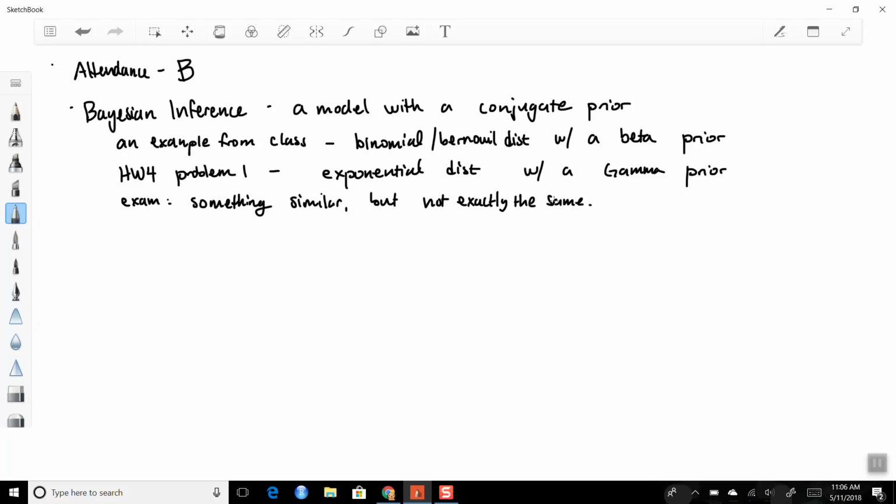Basically the idea is, you will get data that will come from some distribution, but you do not know the parameter that defines the distribution.